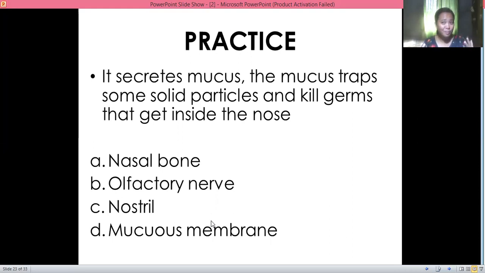A, nasal bone. B, olfactory nerve. C, nostril, or D, mucous membrane. Please write your answer on your whiteboard or paper in 5, 4, 3, 2, 1.